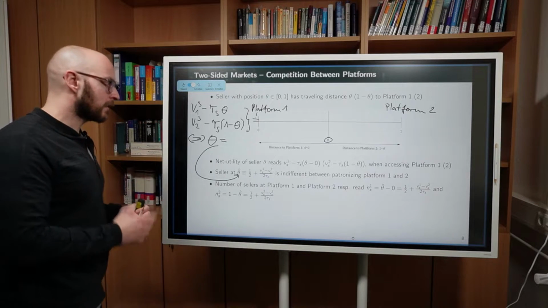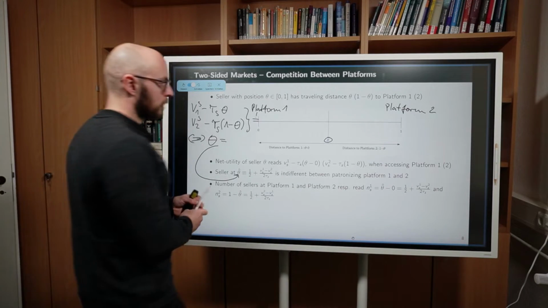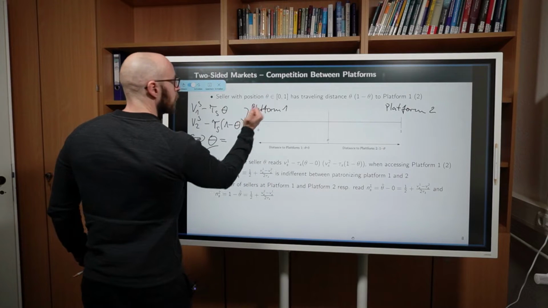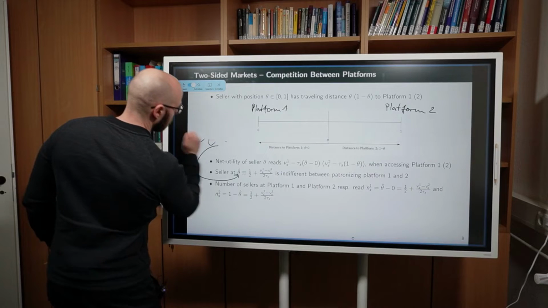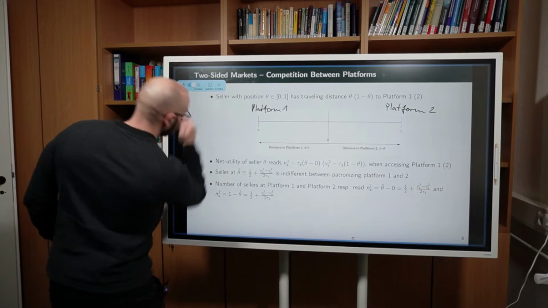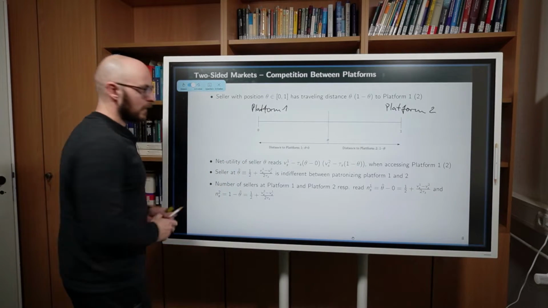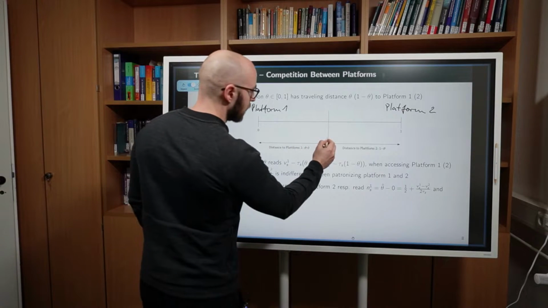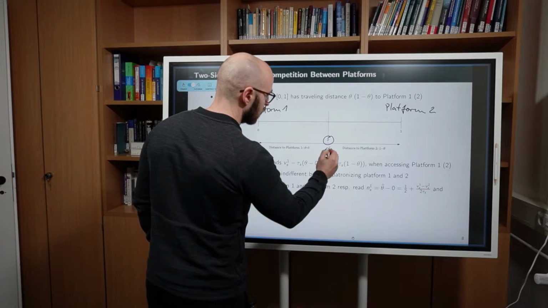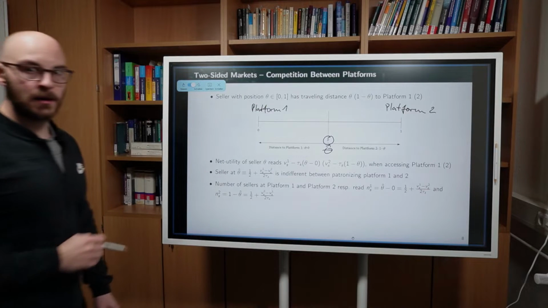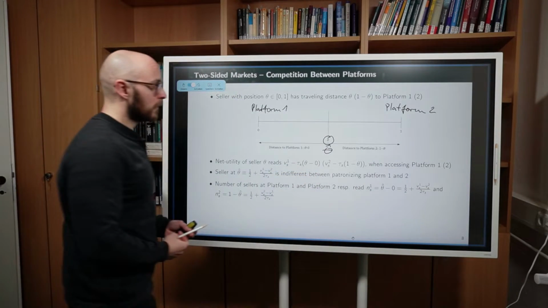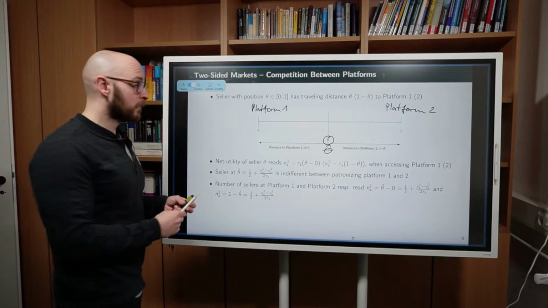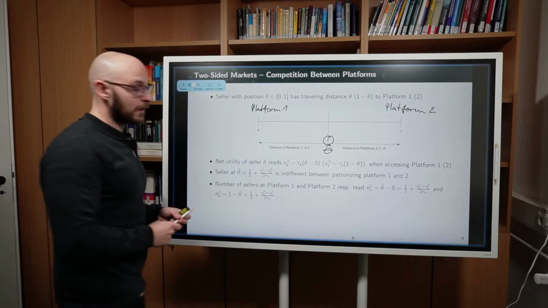Why is that important? As I said, we go back to our illustration here. Suppose that this indifferent seller would be exactly this one that we have analyzed here. Suppose this would be theta hat. Now we know that to the left of theta hat, all the thetas are lower than theta hat.